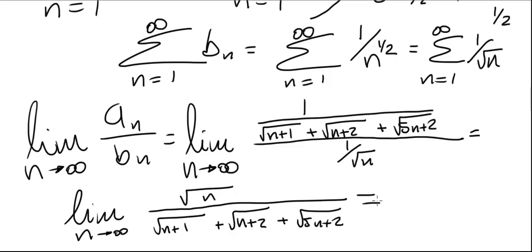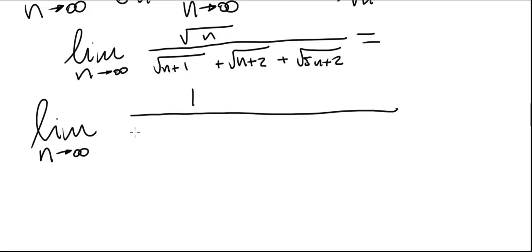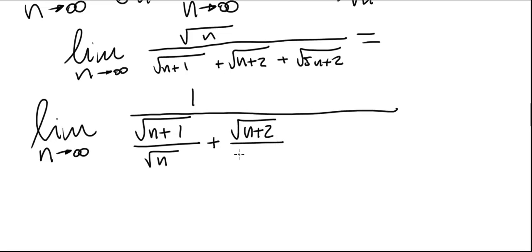Let's divide both numerator and denominator by square root of n. When we do that, we have the limit as n approaches infinity. In the numerator we'll get 1, and in the denominator we'll have square root of n plus 1 over square root of n plus the square root of n plus 2 over square root of n plus the square root of 5n plus 2 over the square root of n.